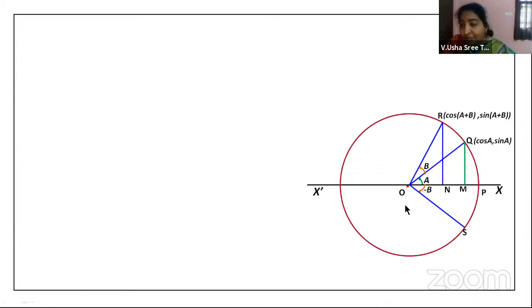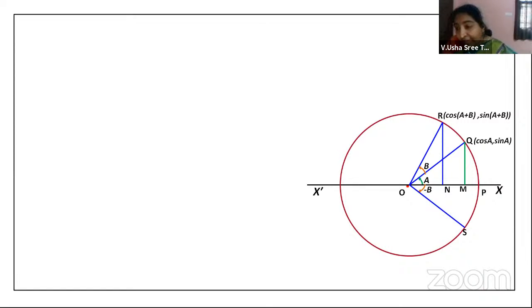Now, children, just observe this. A and B are two angles here when you take triangle NOR. So A plus B; the magnitudes of B and minus B are the same. But this positive and negative sign is just because of the change in direction. There is a variation in direction.